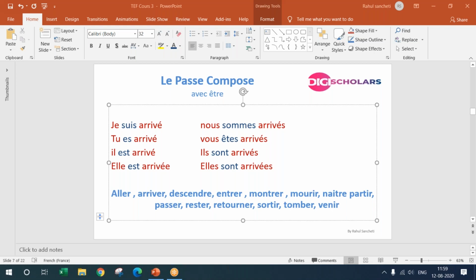So remember, only verbs which are reflexive and these 14 verbs are conjugated with être. Is it clear? What I said is clear. I'll repeat it again if you want.